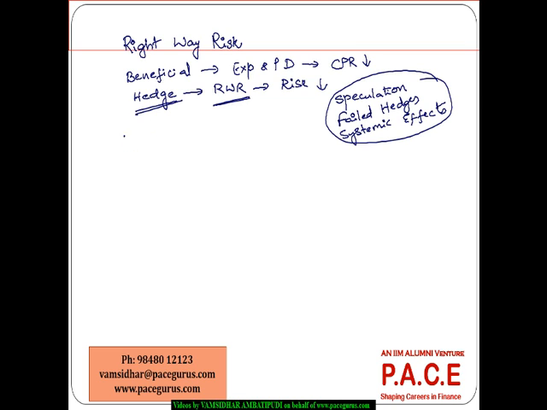Now, okay, I do understand wrong way risk is very much inevitable. Now, how do I really quantify it? How do I measure the wrong way risk? This is where I need to get into the modeling of the relationship between the probability of default and the exposure. They are no more independent.